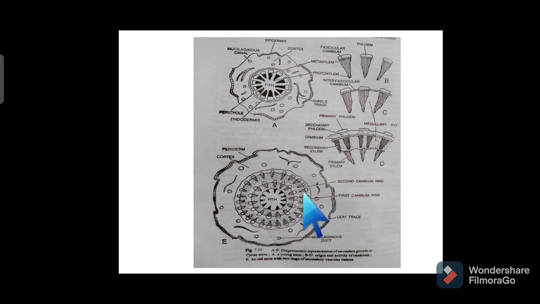And the last point to remember, the characteristic feature of the Cycas stem, is the formation of successive phellogen, that is the Cork Cambium layers, in the outer zone of the cortex. So these are the important characteristic features of Cycas stem.